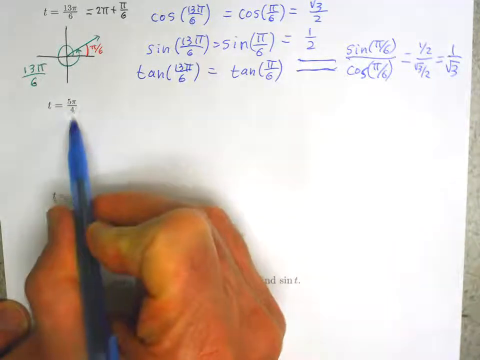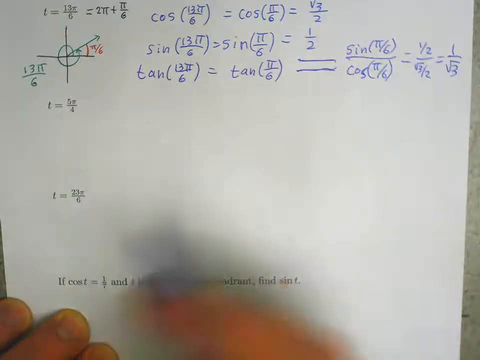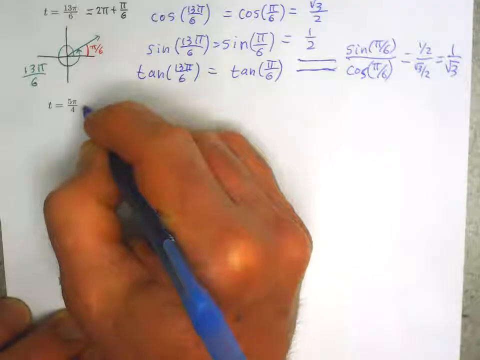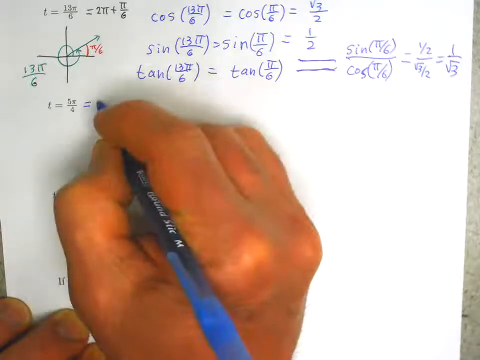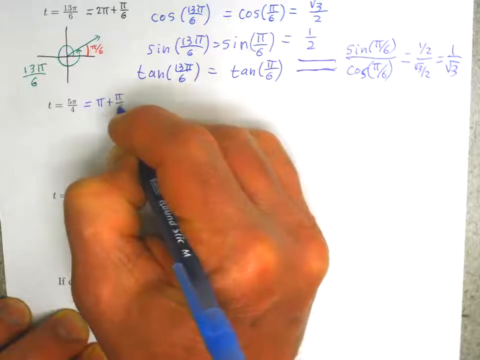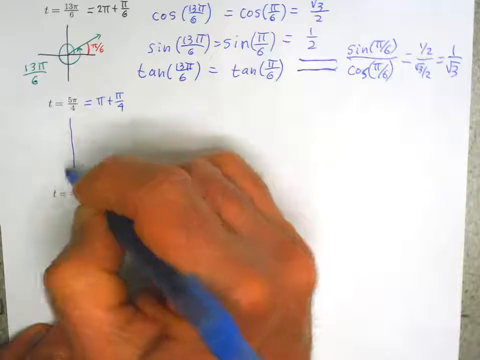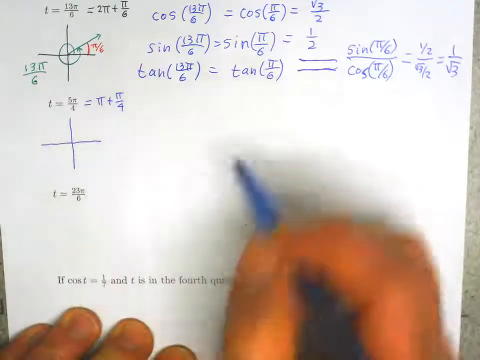Well, 5 pi over 4, notice the fraction 5/4. 5/4 is bigger than 1. So you can think of 5 pi over 4 as pi plus pi over 4. And so this angle is in the third quadrant.